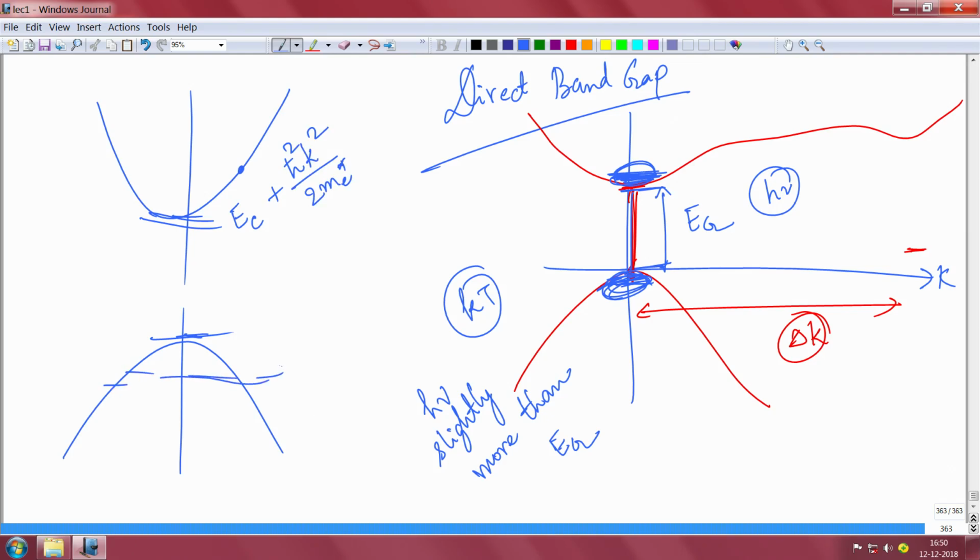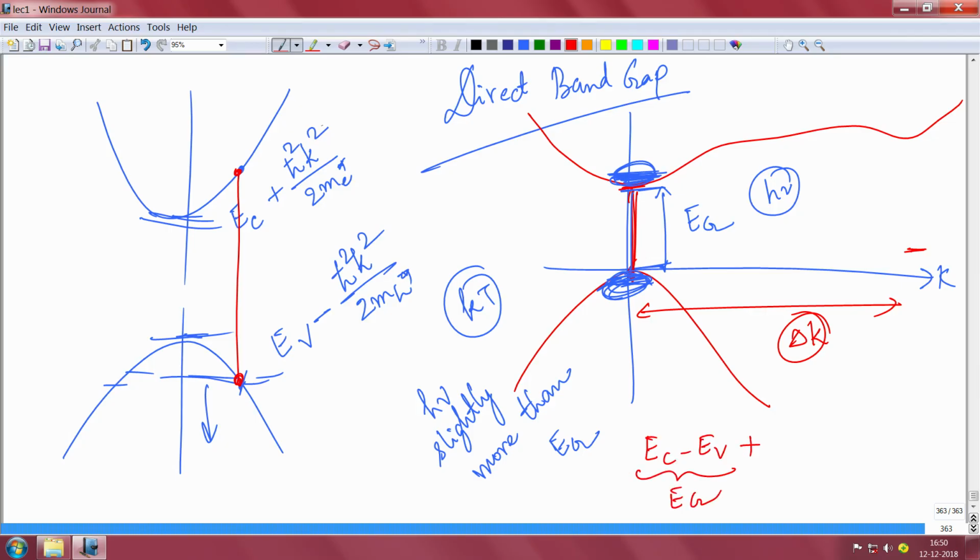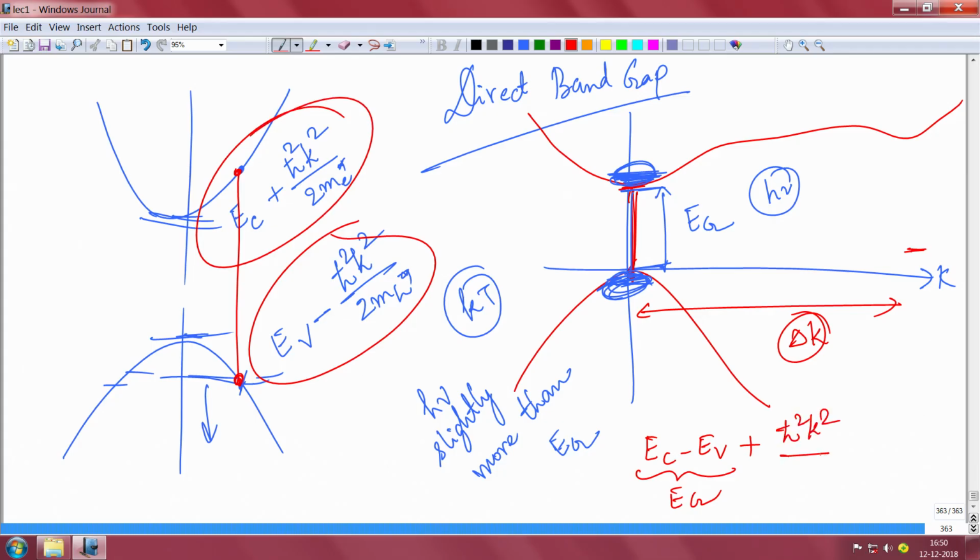Similarly at any point here I can write the energy as Ev minus, this is going in the other direction, h-bar squared K squared by 2 m hole. So the difference of the energy of emission is Ec minus Ev, which is the band gap, plus h-bar squared K squared by 2 times (1 by m electron plus 1 by m hole), that is like the harmonic mean.